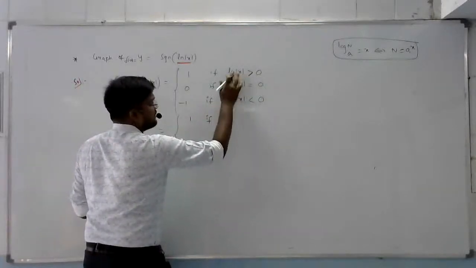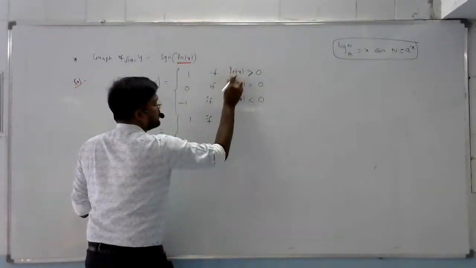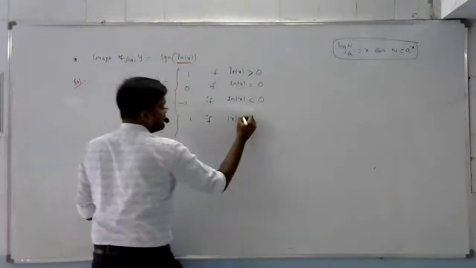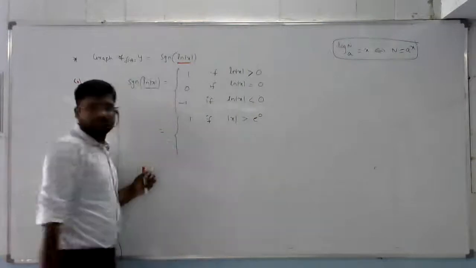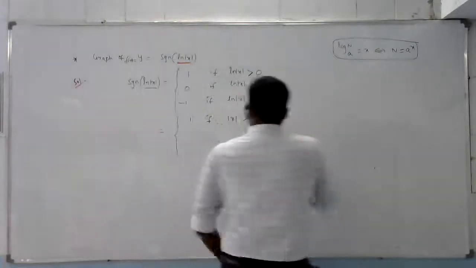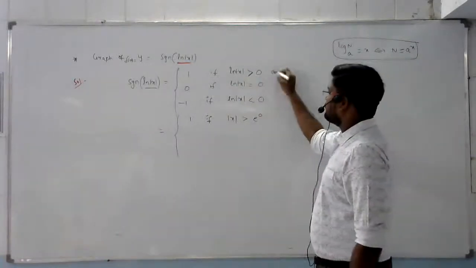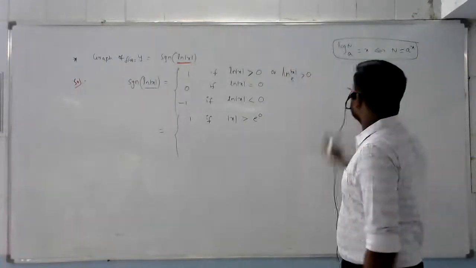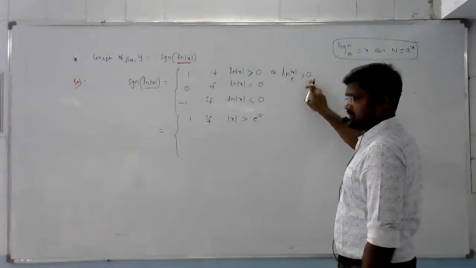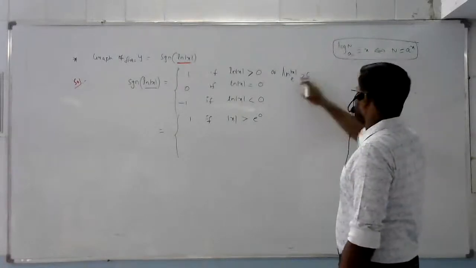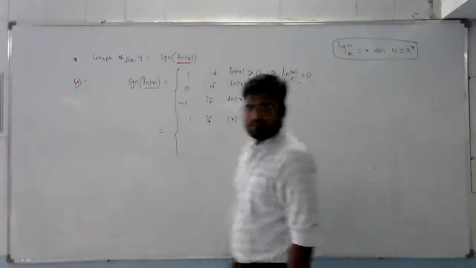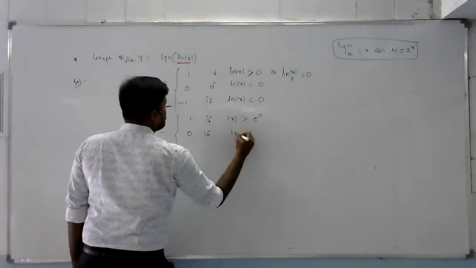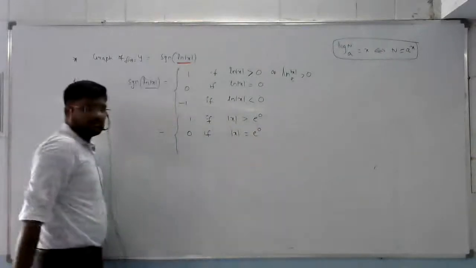It is like log of mod x to the base e, so mod x will be greater than e power 0. Are you getting it or not? If you want, you can write it as ln mod x base e greater than 0. n equal to a power x. Correct? So in the same way, 0 if modulus x equal to e power 0.